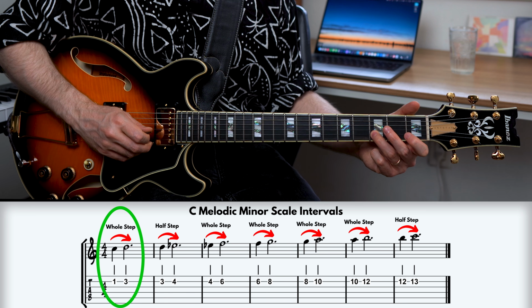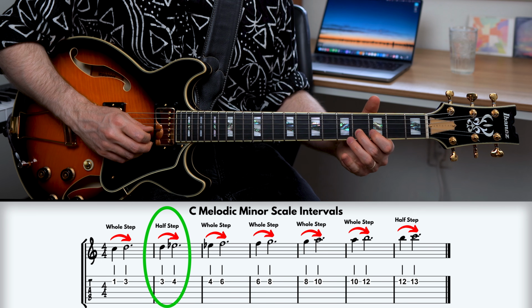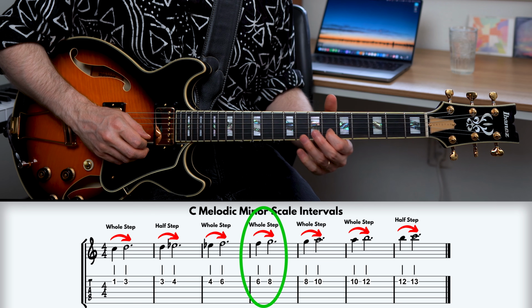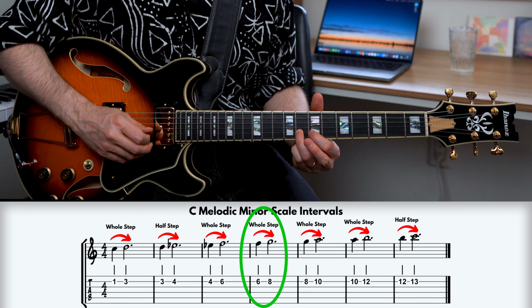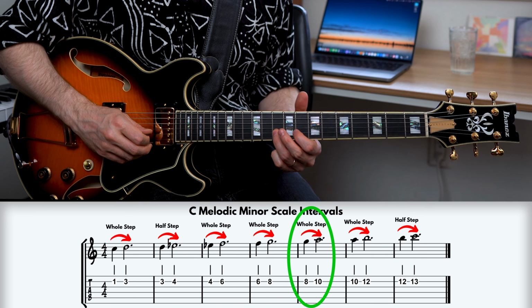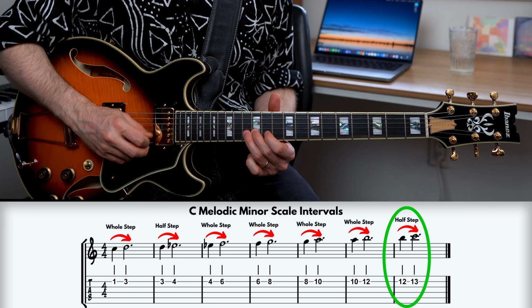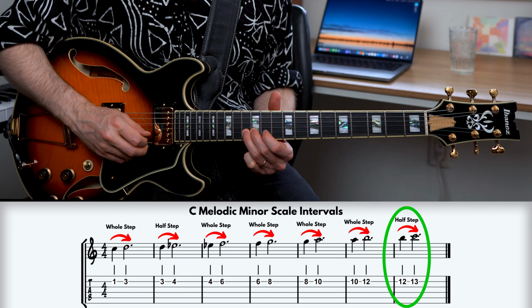The melodic minor scale utilizes a very unique set of intervals, and they are as follows: whole step, half step, whole step, whole step, whole step, whole step, and a half step to get us back home.